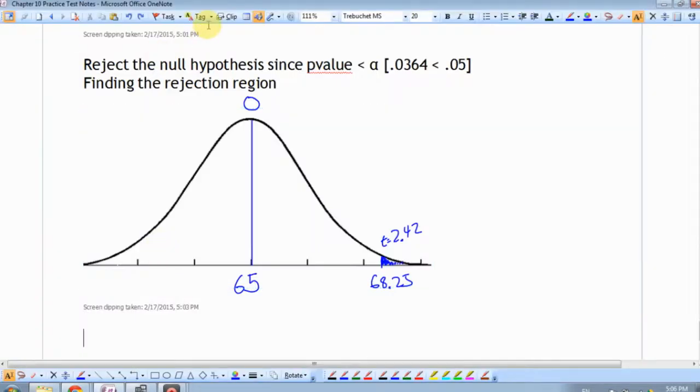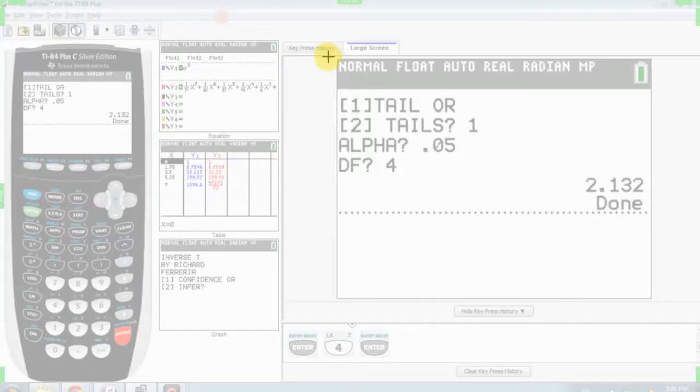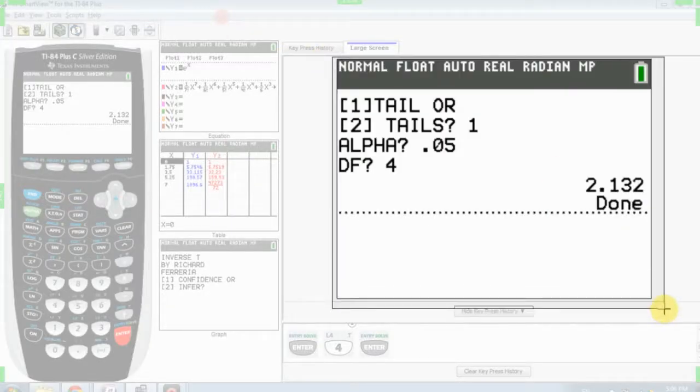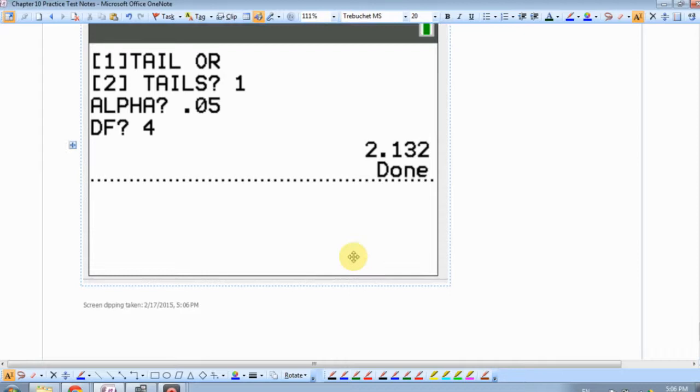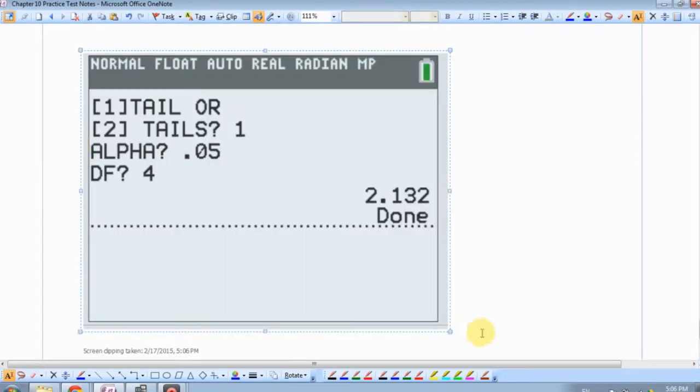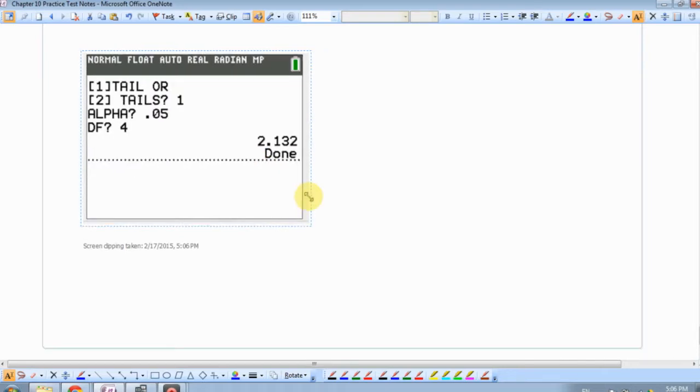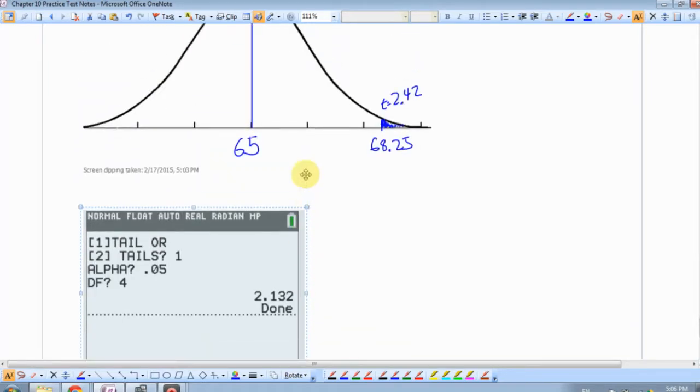Let's screenshot that. 2.132 is where our rejection region begins, right about here. T equals 2.132.